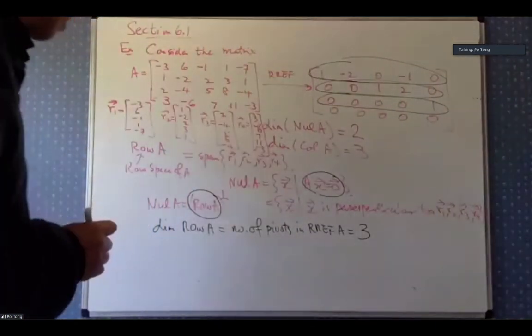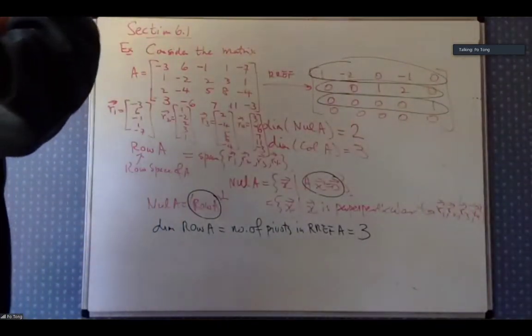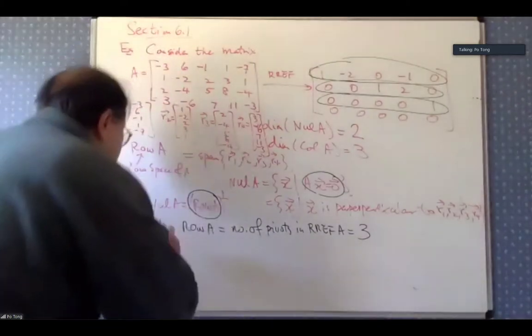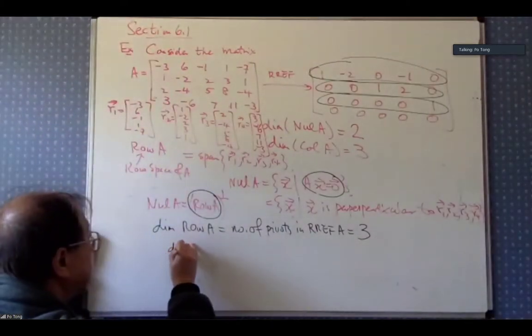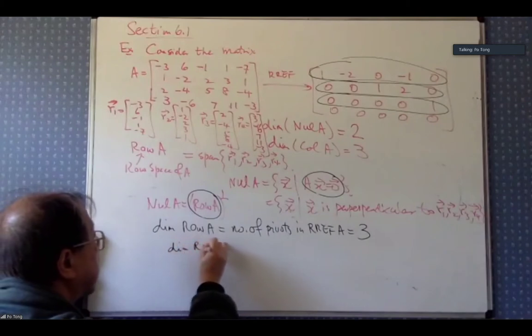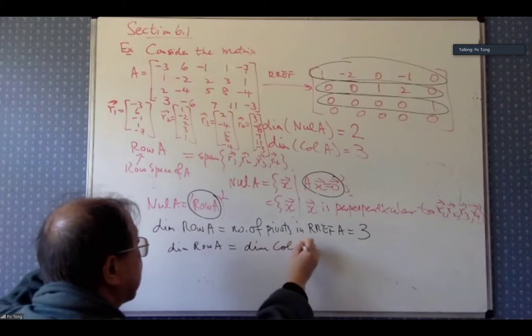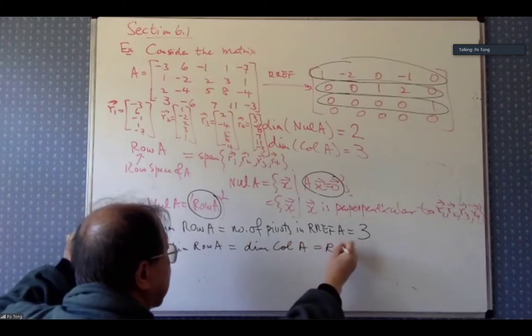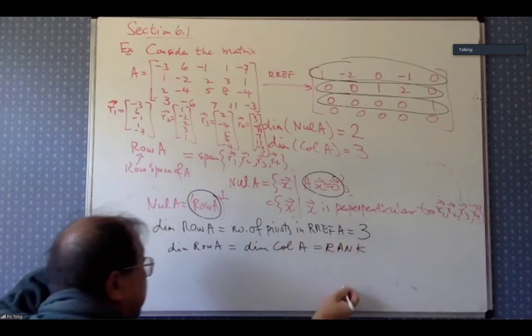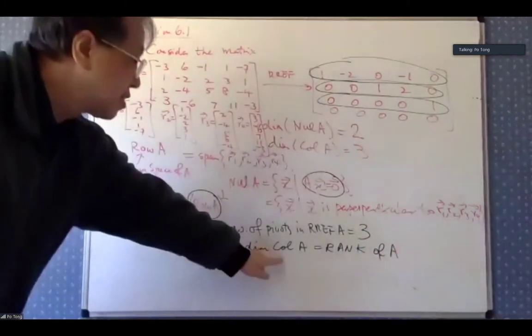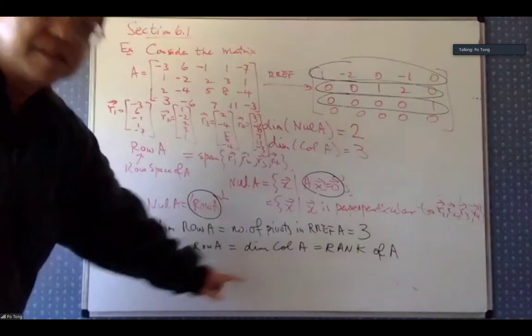So there are a couple of things we want to observe. One is that the dimension of the row space of A is equal to the dimension of the column space of A. Both of these are called the rank. Both of these are equal to the number of pivots.